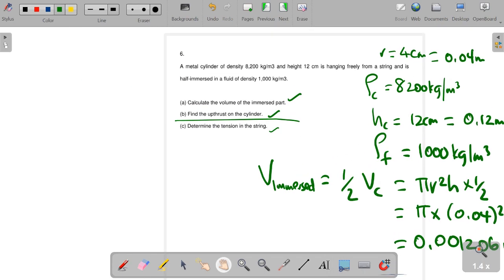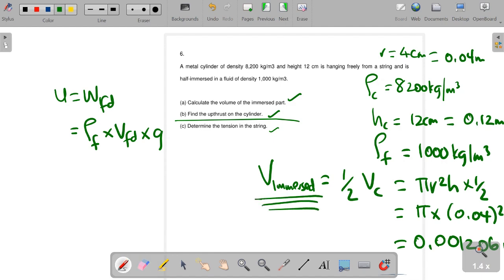Once we have found that volume, they're telling us here to find the earth thrust on the cylinder. So earth thrust is equal to the weight of fluid displaced. That will be density of fluid times volume of fluid displaced times what? Gravitational field strength. Now the volume of the fluid displaced will be equal to the volume of the object immersed.